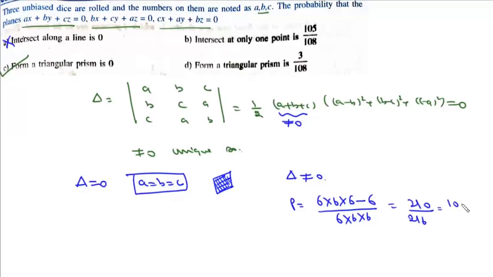If we divide by 2, we'll get 105 upon 108, and that's your option B. Option D is incorrect. So the correct options are B and C. Actually, we can further reduce this 105 upon 108. If we divide by 3, we'll get 35 upon 36, so it should be 35 by 36.